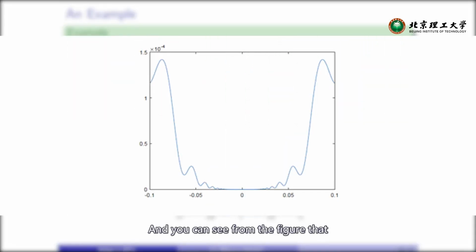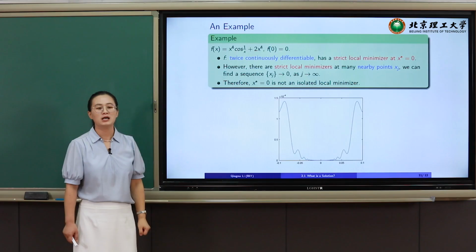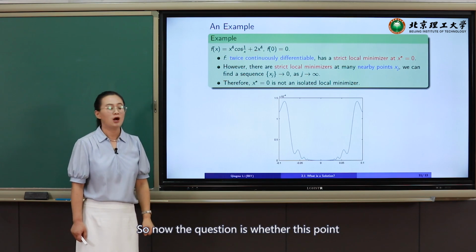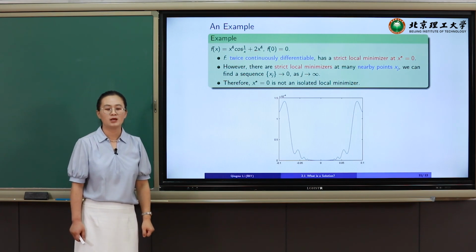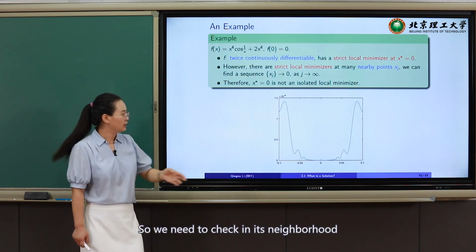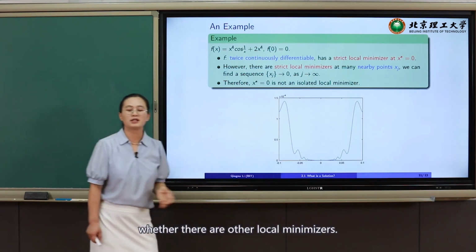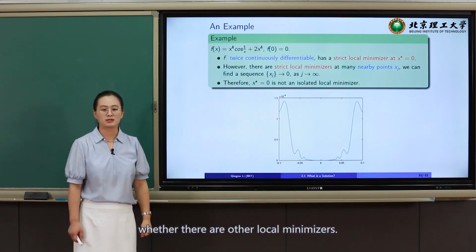You can see from the figure that x equals 0 is the global minimizer. So now the question is whether this point is an isolated local minimizer. We need to check whether there are other local minimizers in its neighborhood.